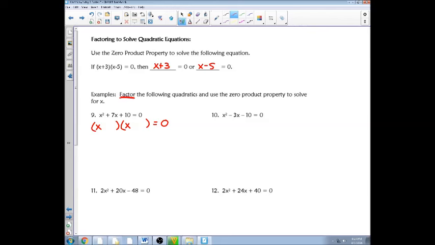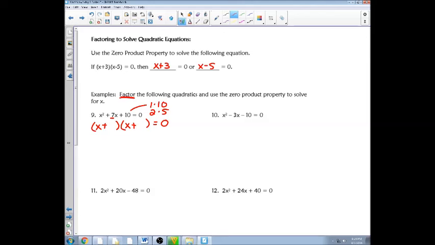All right? Both my signs in the initial problem are positive, so both my signs inside my new sets of parentheses will also be positive. Now, I need to figure out what 10 multiplies into that can add to my 7. I'd have 1 times 10 and 2 times 5. Those are the only things that multiply to 10, right?